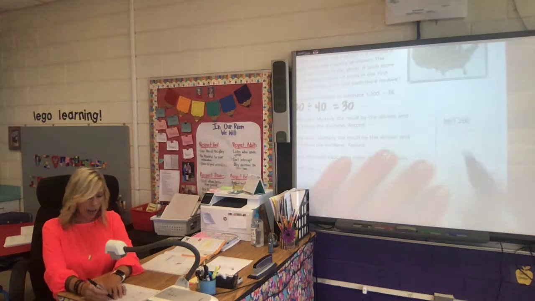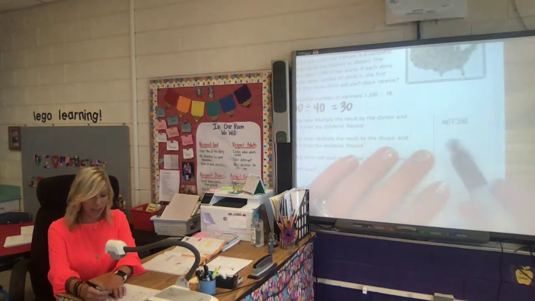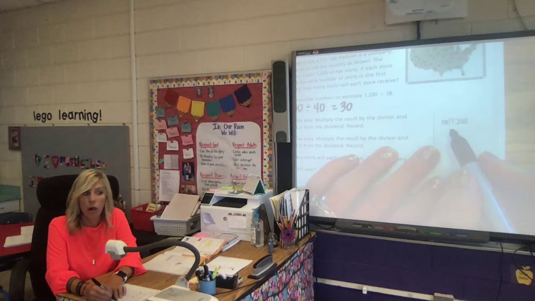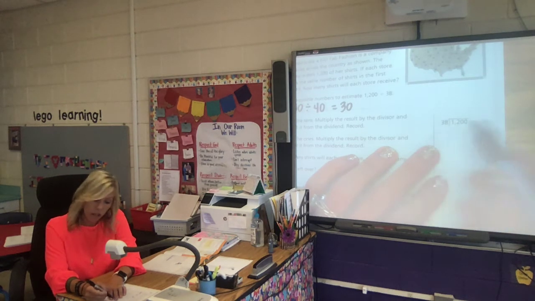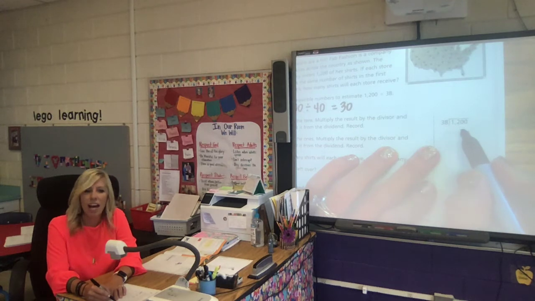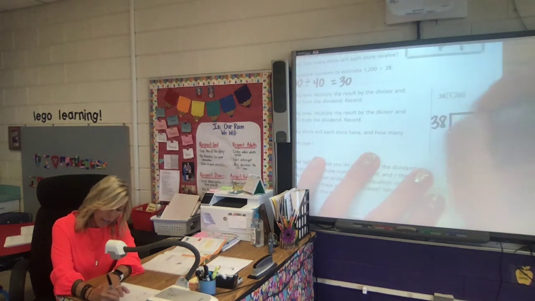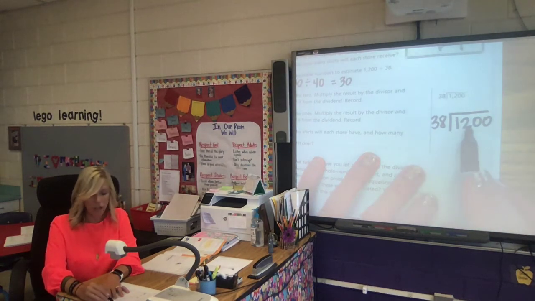This one's a little different because I have 38, and first I'm going to see, can 38 go into 12? 38 is larger than 12. So I try to ignore the comma here, and I'm just going to look at 120.